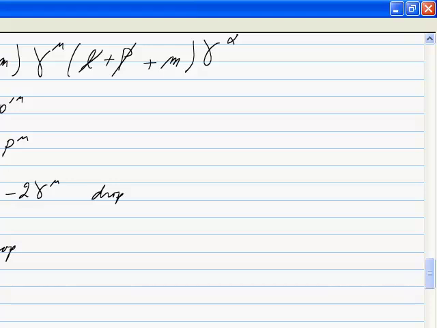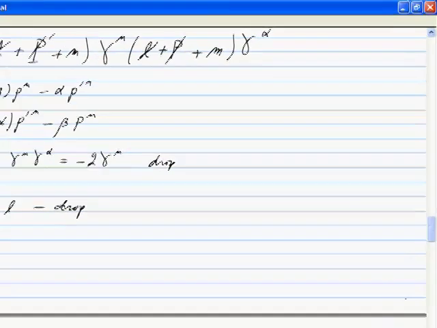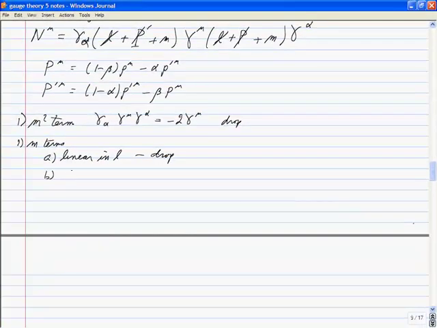So we drop those guys. We're left with m gamma alpha p slash prime gamma mu gamma alpha plus gamma alpha gamma mu p slash gamma alpha.